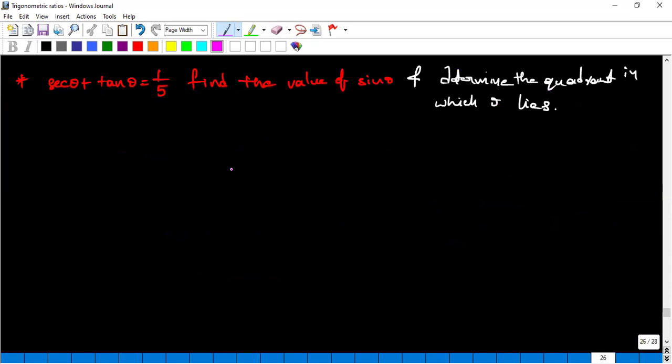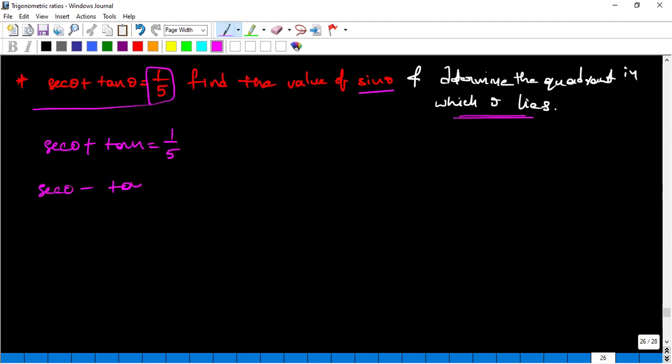Just see one example. Secant theta plus tan theta is 1 by 5. Find the value of sin theta. Okay, determine the quadrant in which theta lies. Just now we have seen secant theta plus tan theta is 1 by 5. Then what is secant theta minus tan theta?